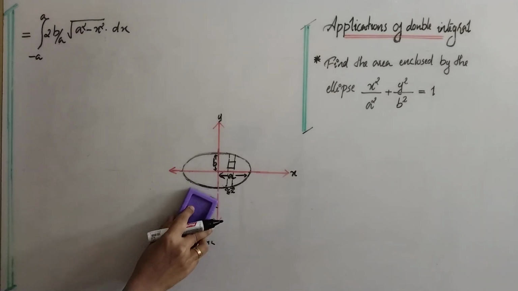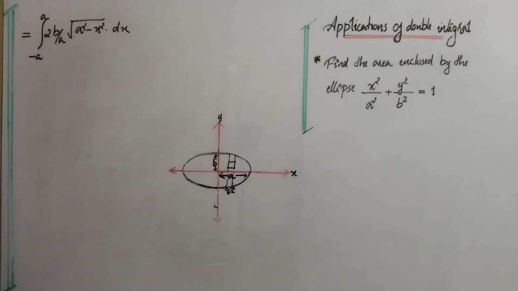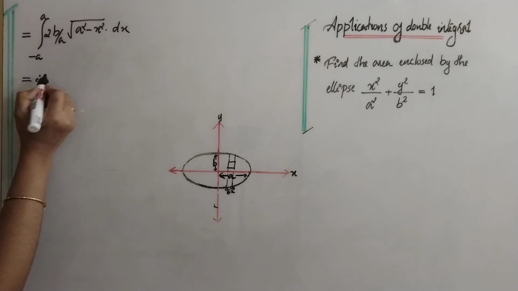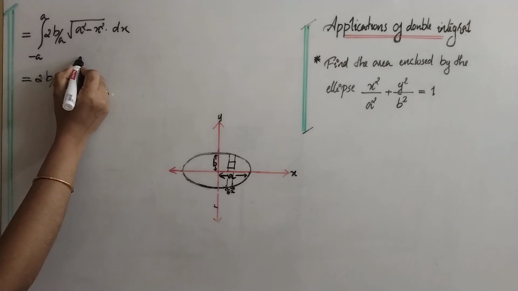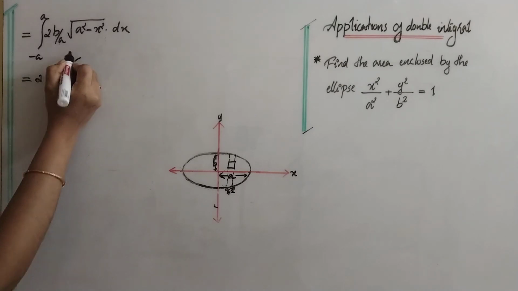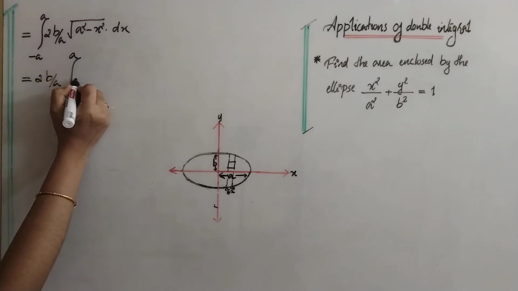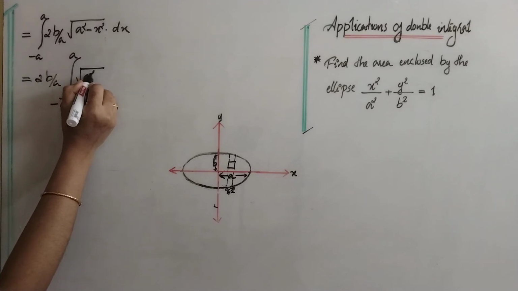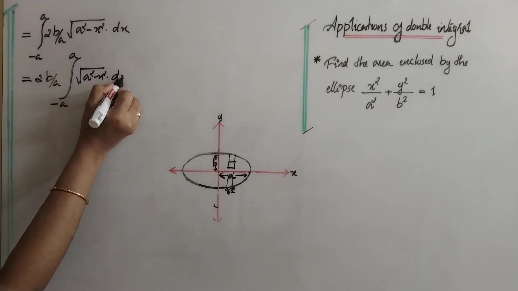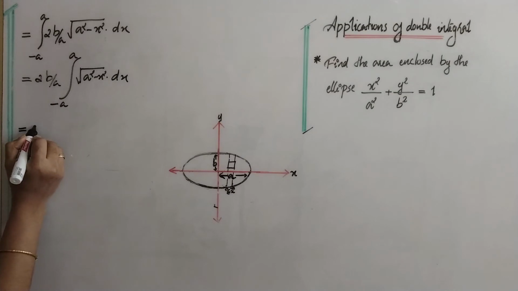Into dx. We can take 2b by a outside of this integration. So the remaining terms are integral minus a to plus a root of a square minus x square into dx. This is a standard integral.